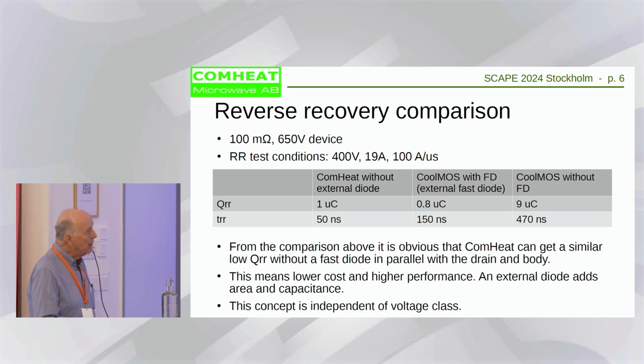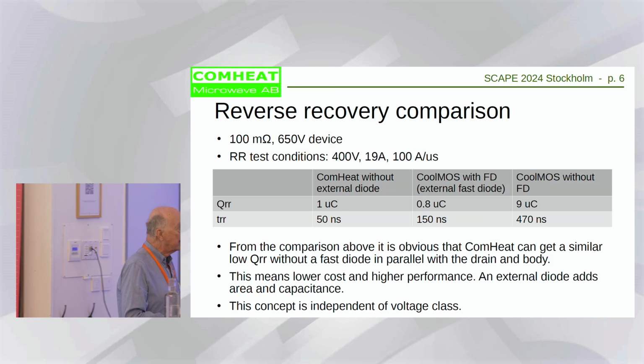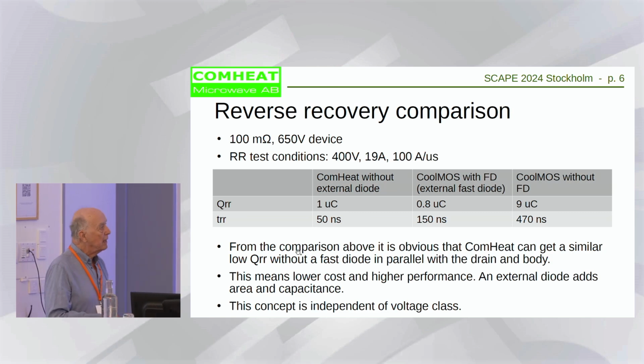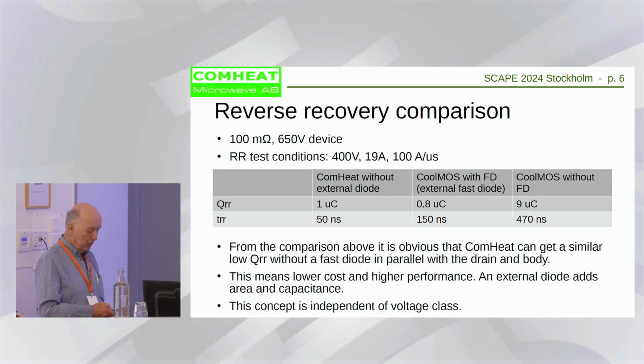From this comparison, it's obvious that we can give a similar, lower QRR without a fast diode in parallel with the drain and body. This means lower cost, higher performance, and no external diode, which saves area and capacitance. This concept is independent of the voltage class.